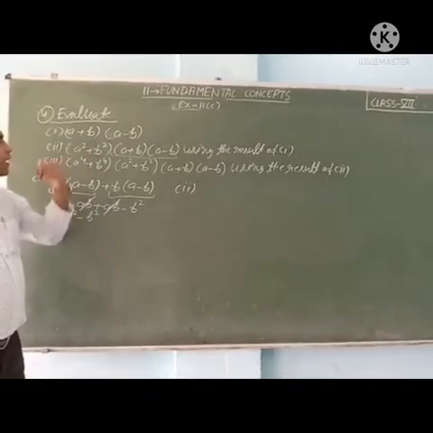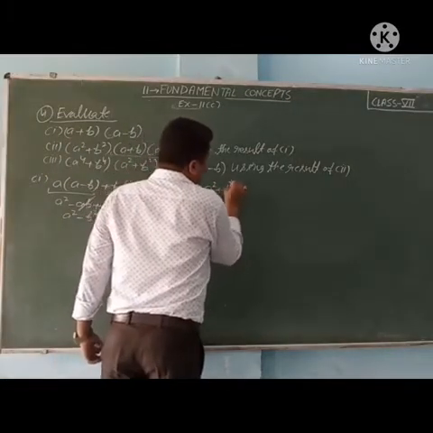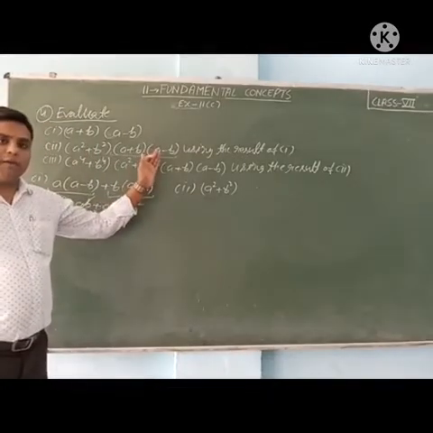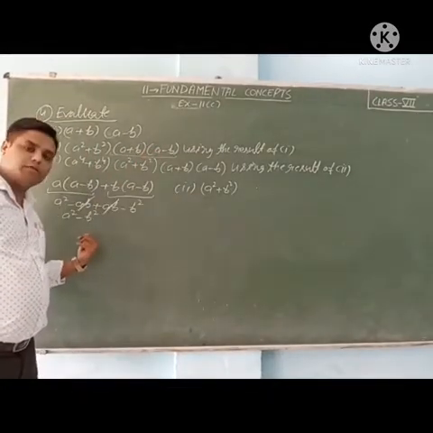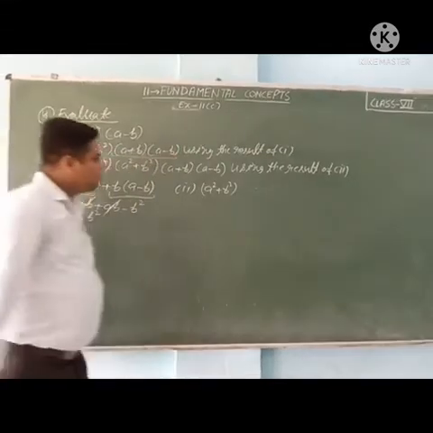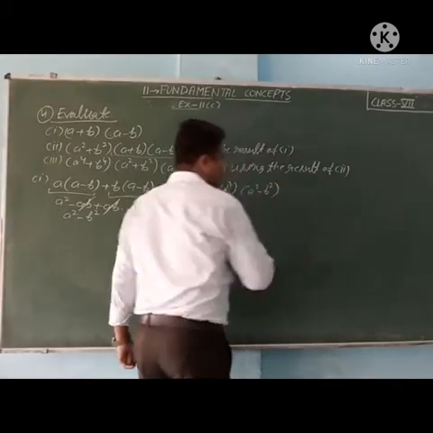So this we will write as it is. So a square plus b square inside the bracket, in place of a plus b, a minus b, we can write this, because it is the solution of first part. So we can write a square minus b square.